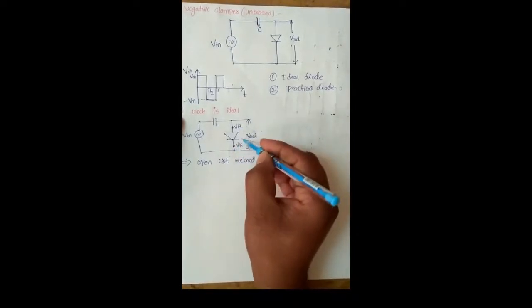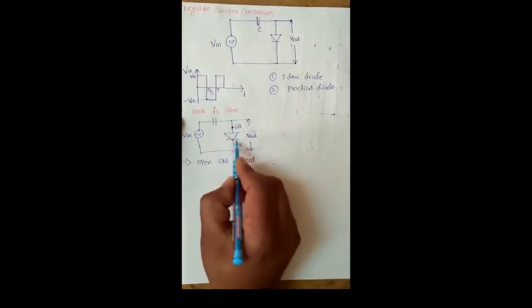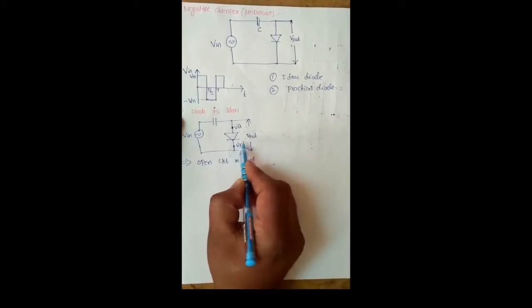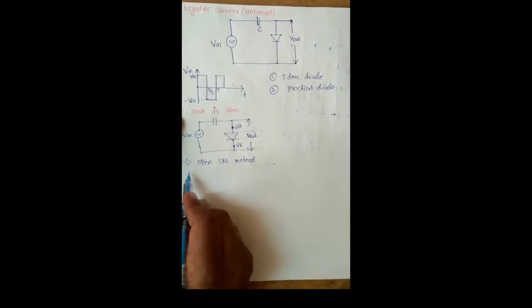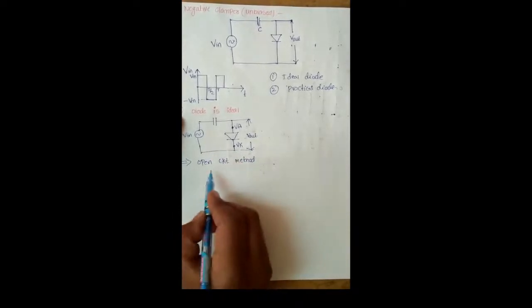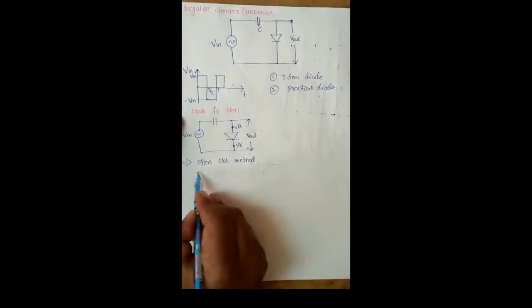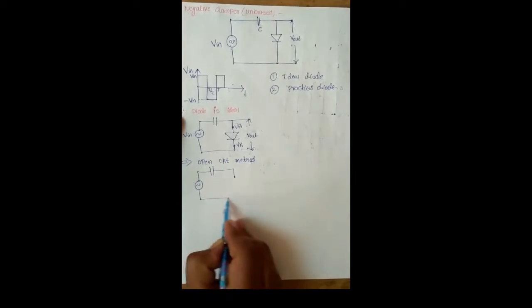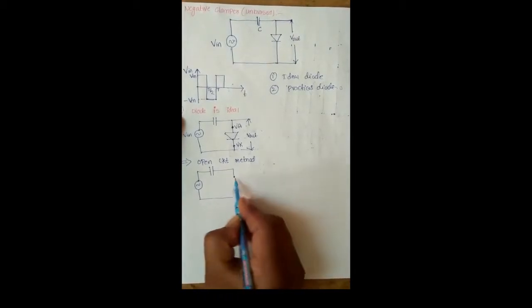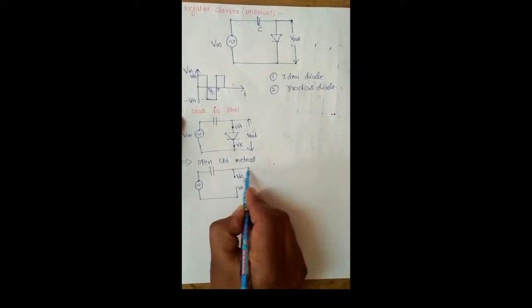Based on these anode and cathode voltages, we conclude whether the diode is forward biased or reverse biased. Okay, for example, here we redraw the circuit with the diode open circuited, then we find the anode and cathode voltages.